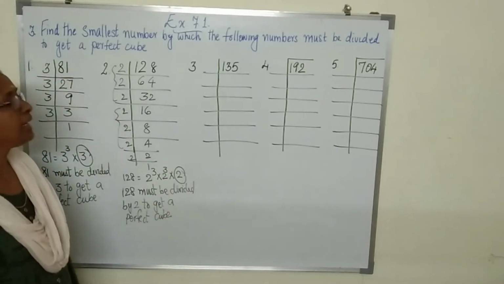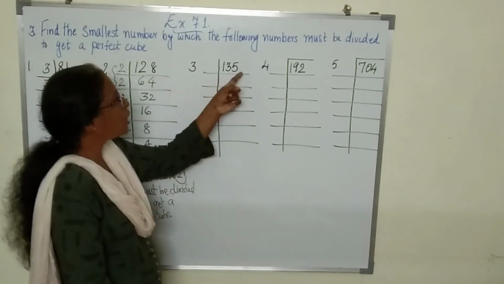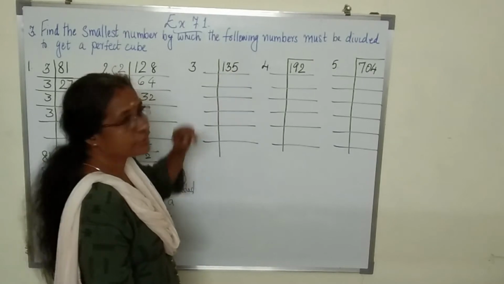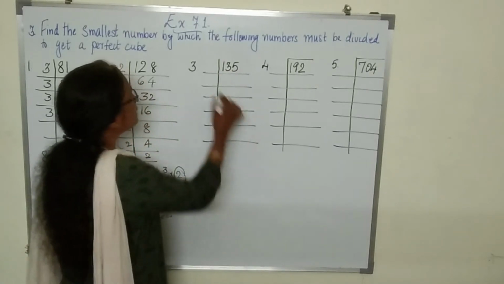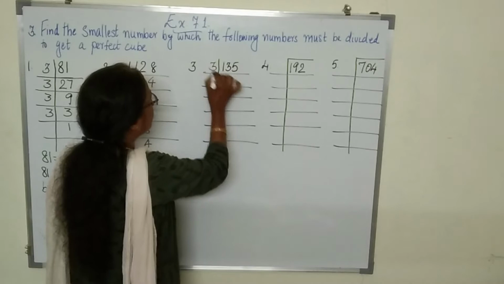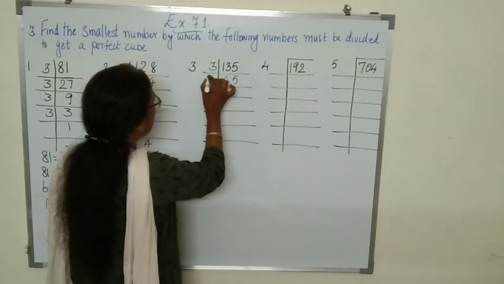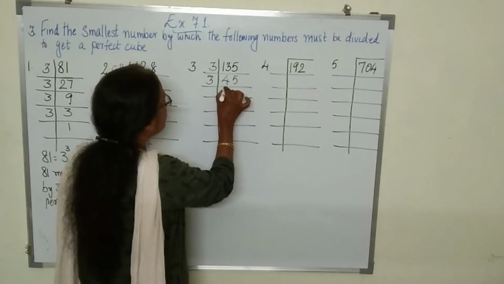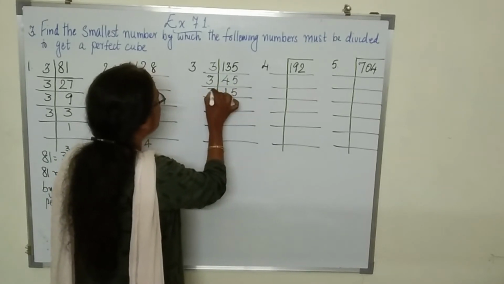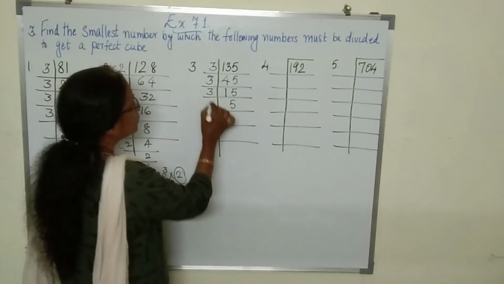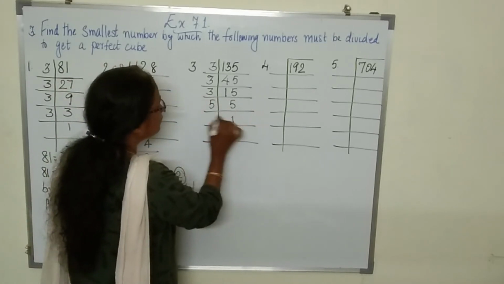Now 135. You see it is not divisible by 2, so check it with 3. 5 plus 3, 8 plus 1, 9. So let us divide by 3. 3 fours are 12, 3 fives are 15. Again by 3: 45, 15, 5, 1.